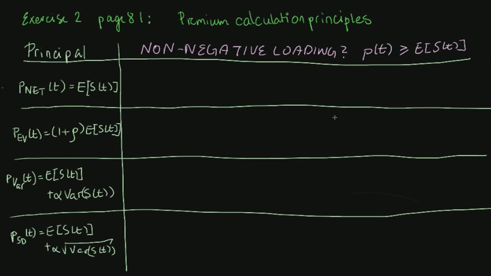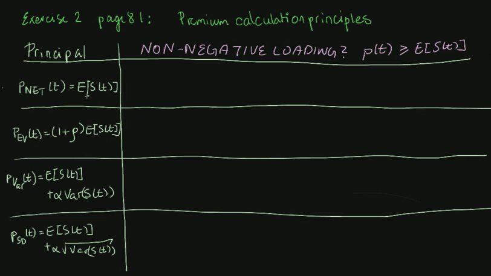Now this is a very fair requirement because only an idiot will charge a lower premium than the expected value of the total claim size, because in that case you are sure to fail, right? So this is a very, very fair requirement to make, and let's just check this through very quickly.